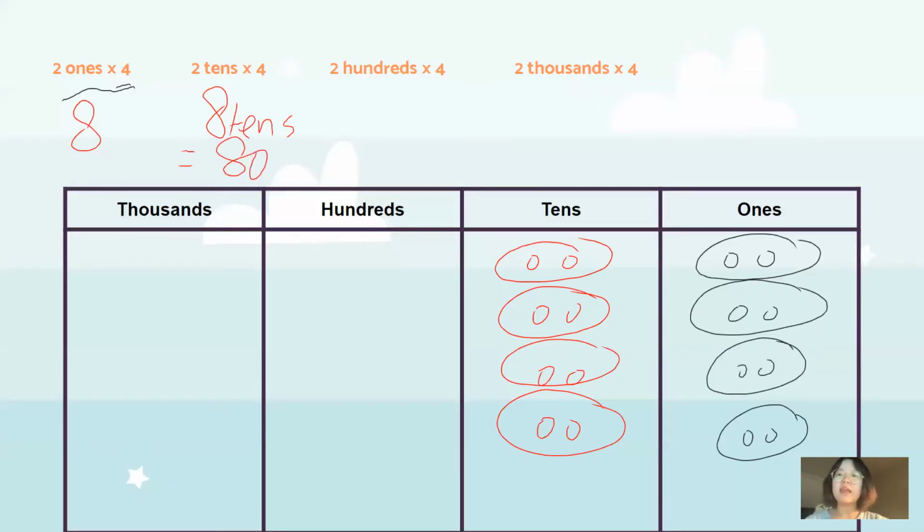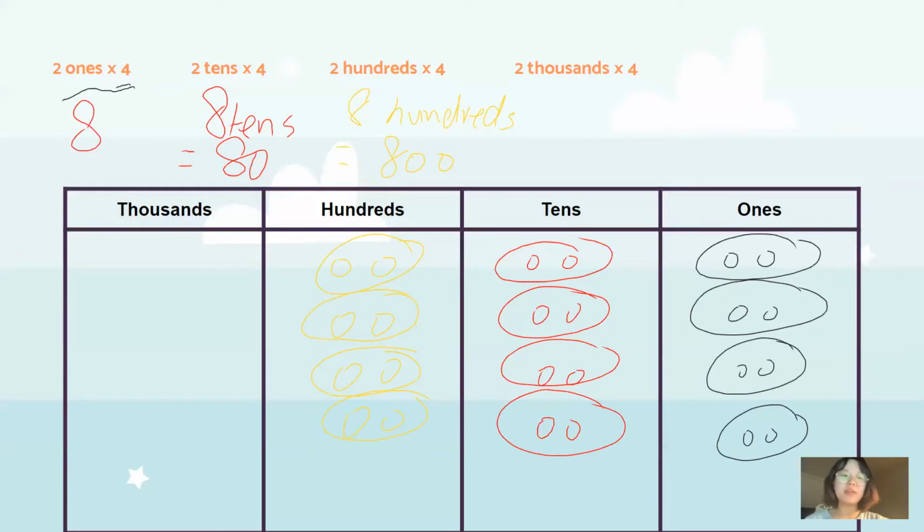Okay. And let's represent 200 times 4. Let me use another color. Okay, so we have 200s and in 4 groups. 1, 2, 3, 4. And what is 200 times 4? That is 800s. And also equals to 800.